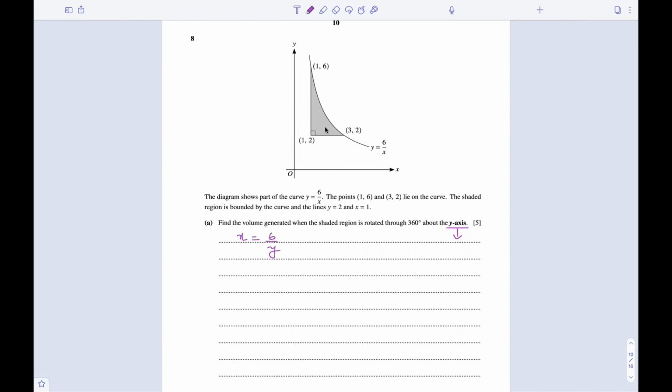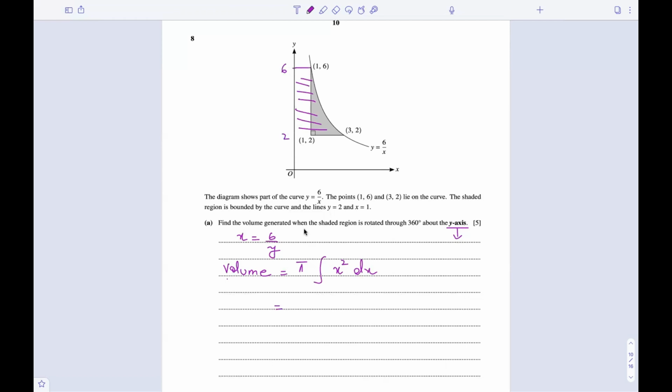Now, first we'll find the volume which is lying under the curve, which will give us the total volume, and then we'll subtract the volume which is lying under the line. So for volume, we use the formula pi times integral of x squared dy. Now the limits will be 6 and 2 as the coordinates are given.